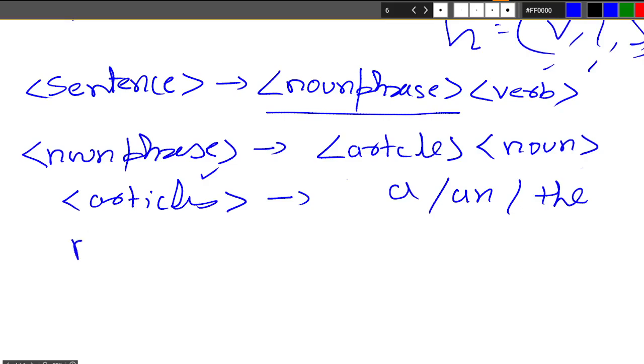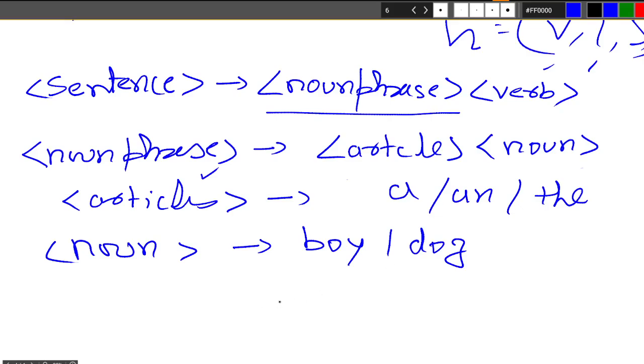So what can this noun be? Maybe there will be certain ways to define it, but however let me keep only two nouns. It can be a boy, it can be a dog. Okay, let us take some verbs also.